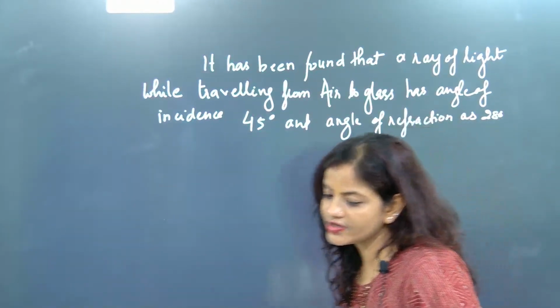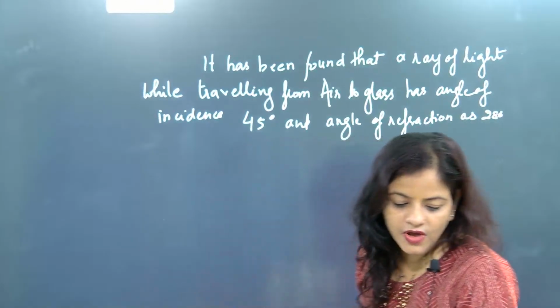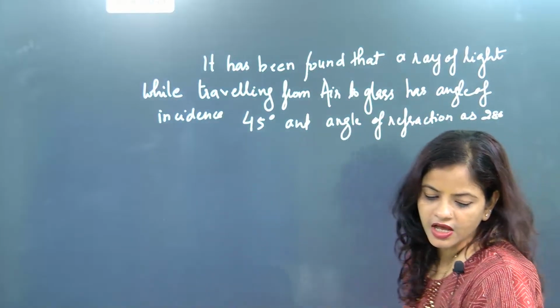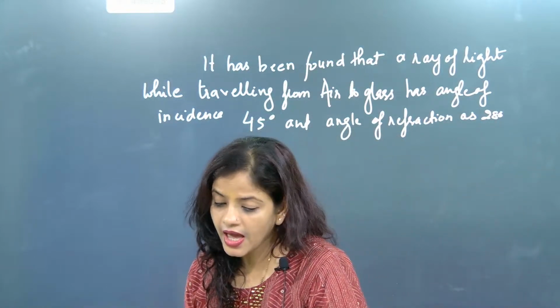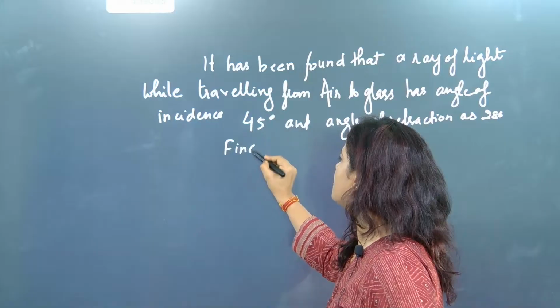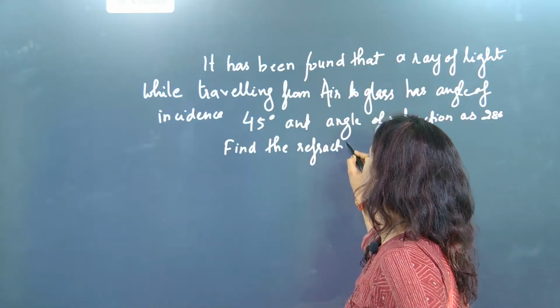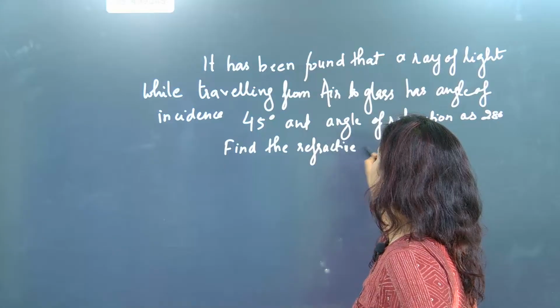The light is traveling from air to glass. Angle of refraction is 28 degrees. You need to find the refractive index.